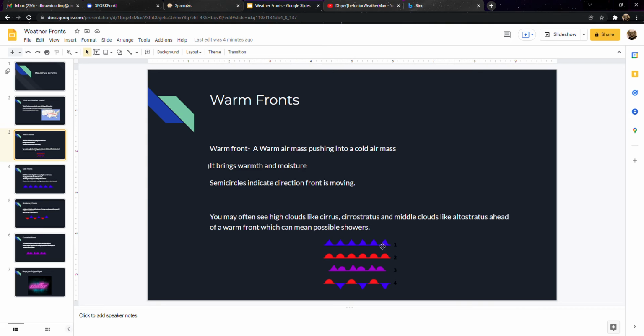This is the cold front, which has triangles pointing upwards to indicate where it's moving. So the semicircles that you see here in the second line are bright red, indicating that it is warm. The next few we will learn in the next few slides.